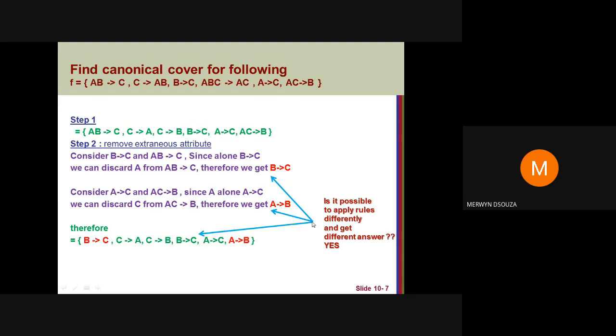The answer to that is yes. You could apply the rules in a different way and get a different answer. So remember, whenever you're finding the canonical cover, not all of you need get the same answer. Depending on how you're applying the steps, you may get different answers, and all those answers may be correct. Just remember that.